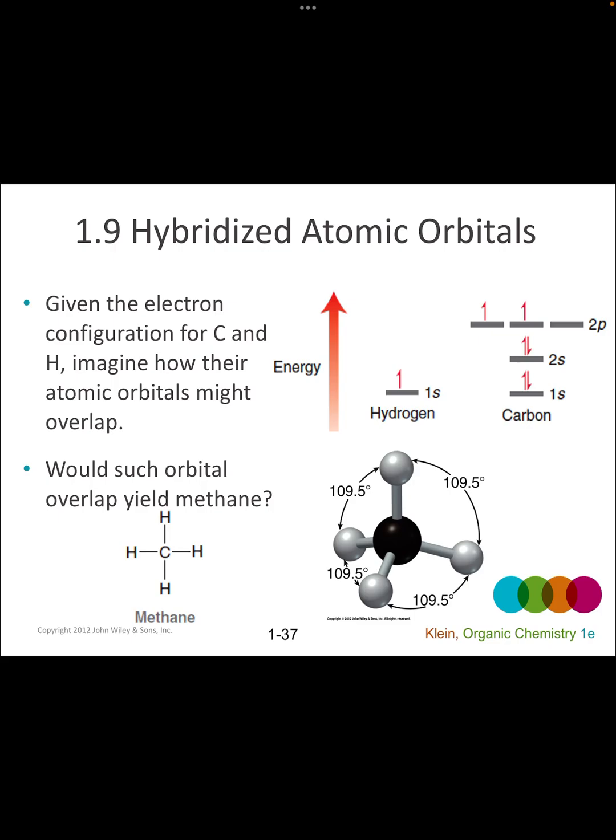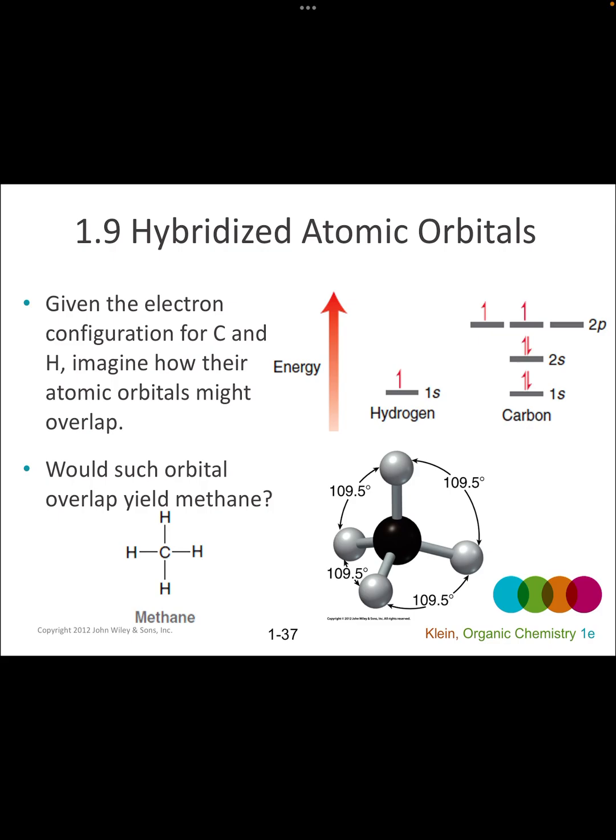Now, you also remember about hybrid atomic orbitals, because without invoking something like hybridized atomic orbitals, you cannot explain the existence of simple things like methane, which I hope you believe in, because it does exist. But it's hard to believe that it exists. Why?